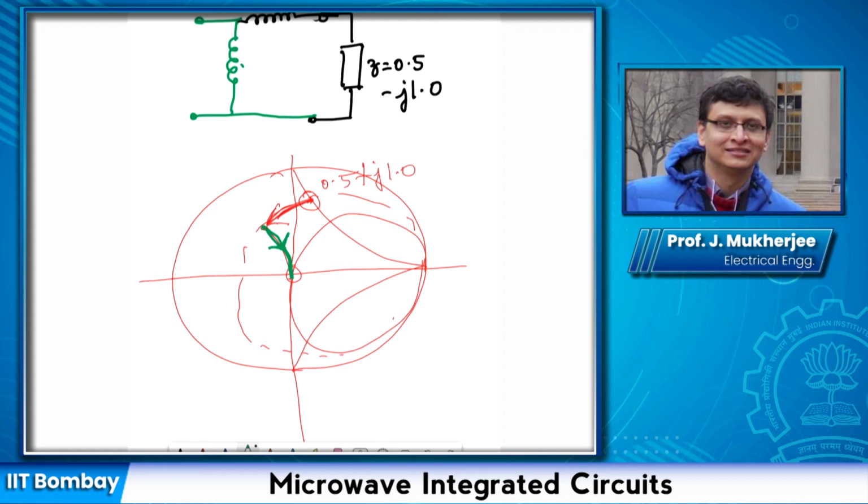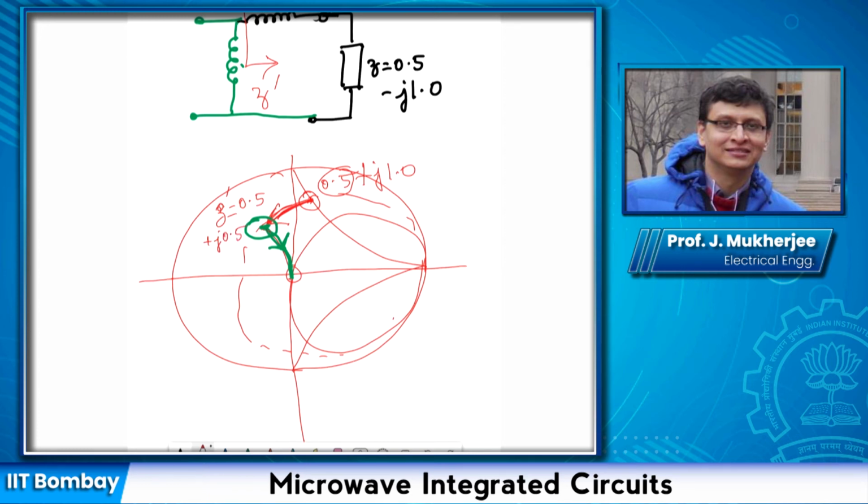Now look, if I go along this constant resistance circle, my real part of impedance doesn't change. So this point corresponds to this part, say I call this Z dash. So Z dash will be equal to 0.5 plus j 0.5.